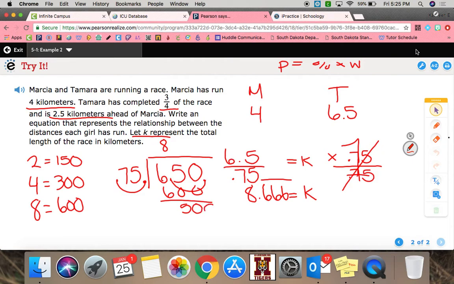650 minus 600 is 50. Bring down a 0. 500. I know it's going to be somewhere between 4 and 8 because one's 300 and one's 600. So let's try 6. I know that 4 is 300, 2 is 150, so 6 has to be 450.